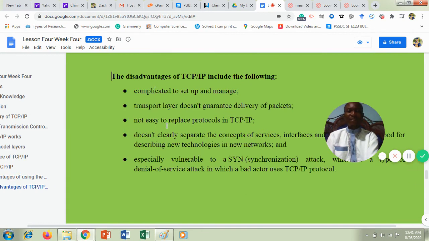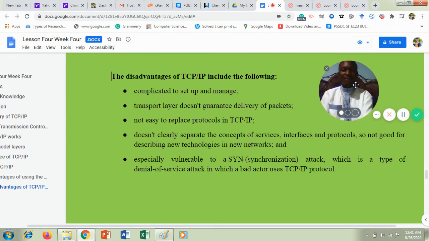Now let's look at the disadvantages. I have five of them listed here. It's very complicated to set up, and also we should note that the transport layer does not guarantee delivery of packets. You cannot guarantee that the transport layer will ensure that your message is delivered at the other end, but the possibility is there.